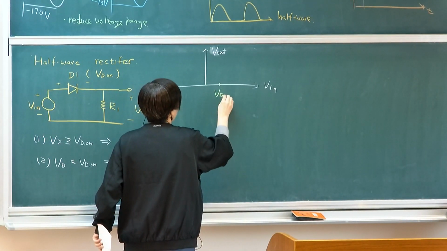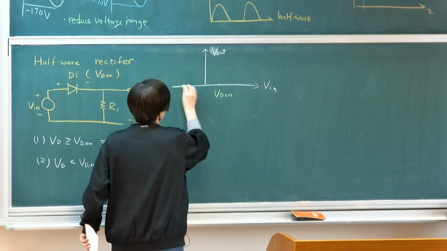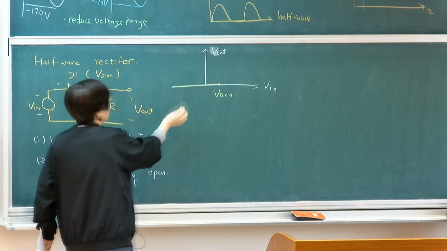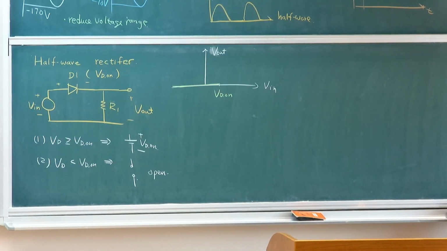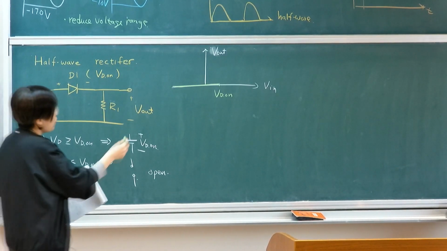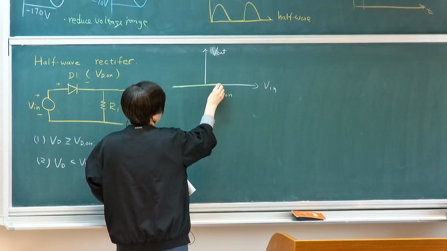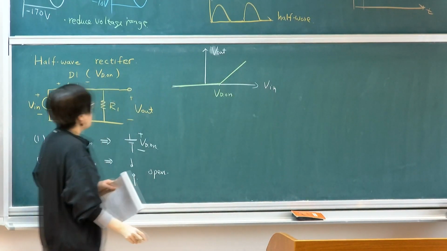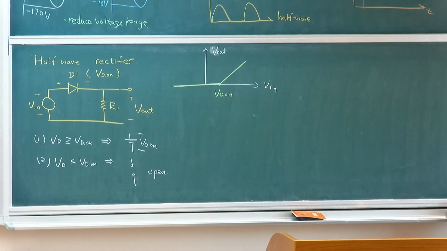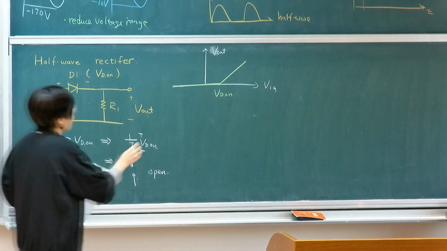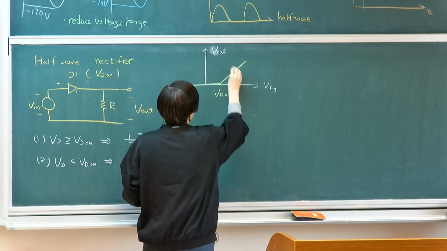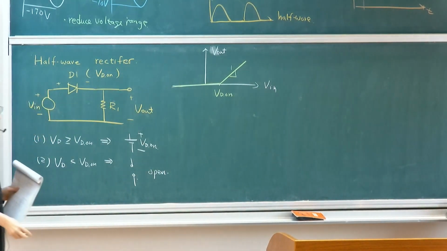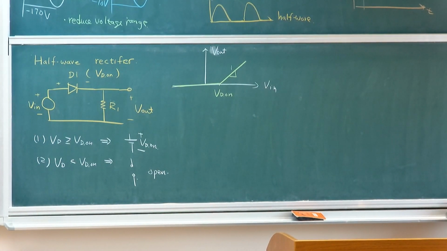The cutting point will be VDON, and it will be flat because there's no current flow. It's blocking the signal from coming through. And when it's off, and this is when the diode's on, it will follow with a rate of, because there's a fixed voltage drop between the two, so it will follow with a slope of 1. Okay? There's no problem with that. We already have that.